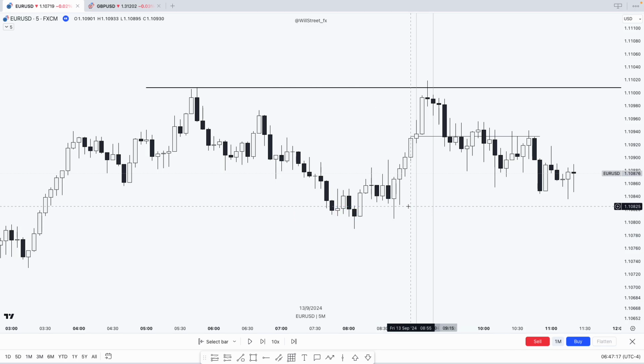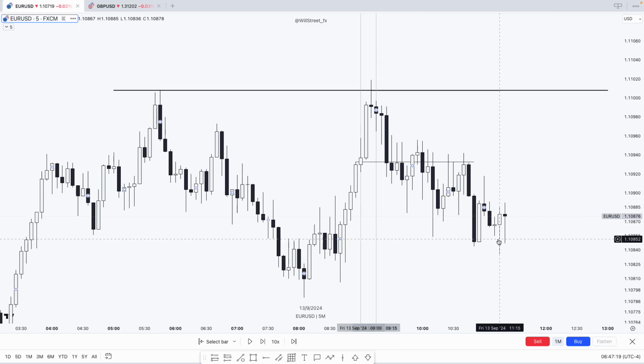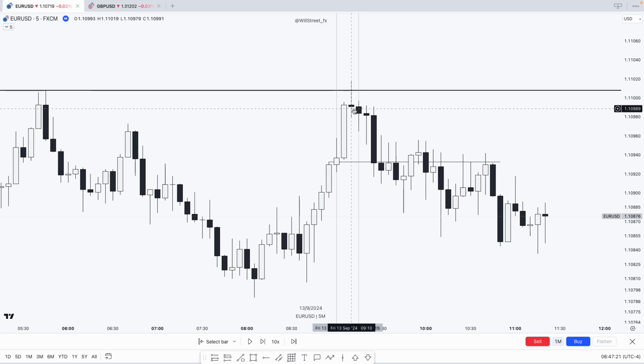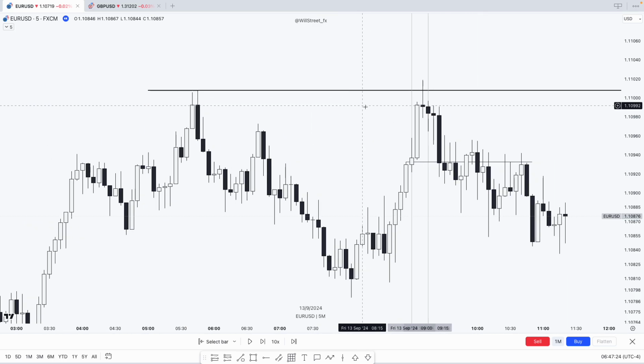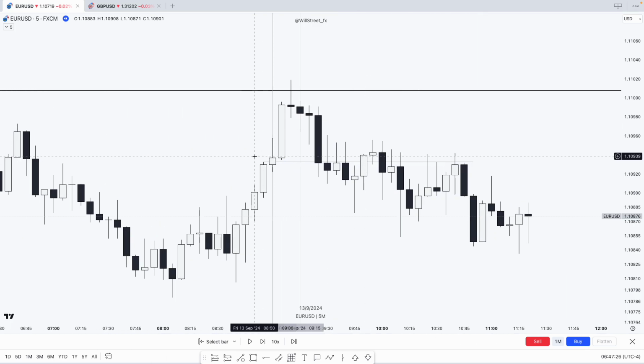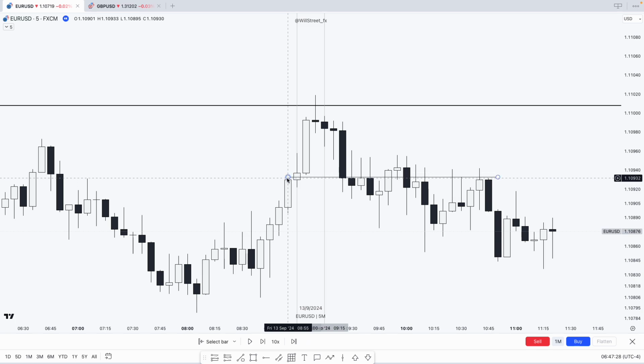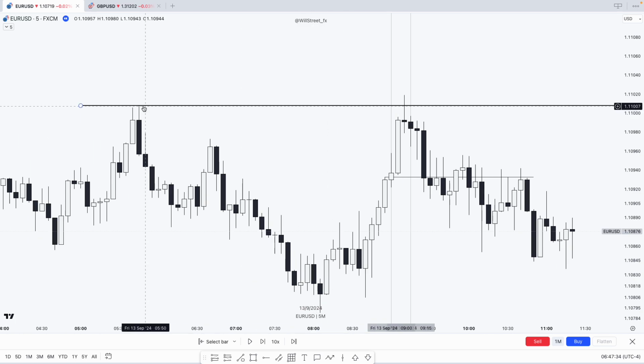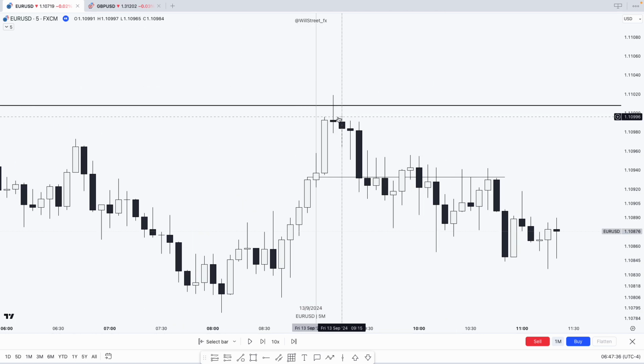Okay, so finally we are ending the video. First 15 minutes after taking a high time frame raid, we have created a previous hourly raid here and a low time frame raid, because this happened with the candle that's making the high time frame raid. We don't need to wait for this candle to create another low time frame raid.